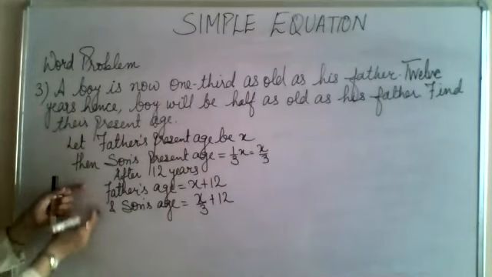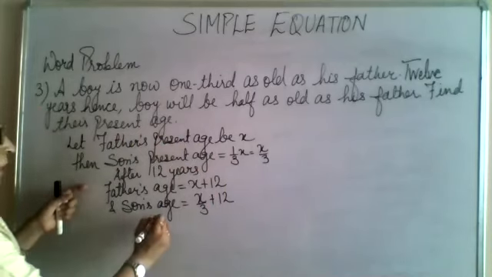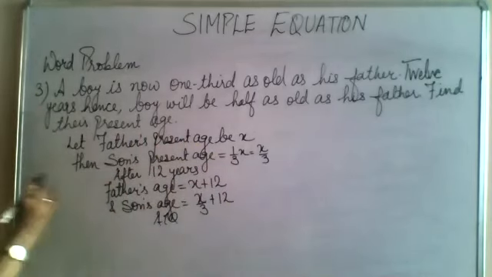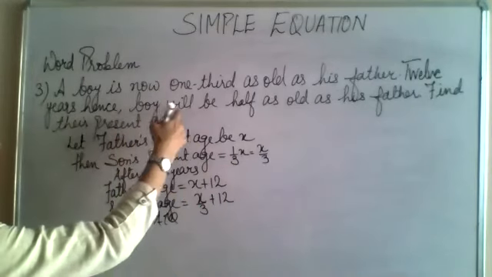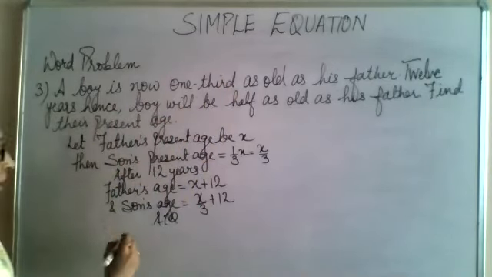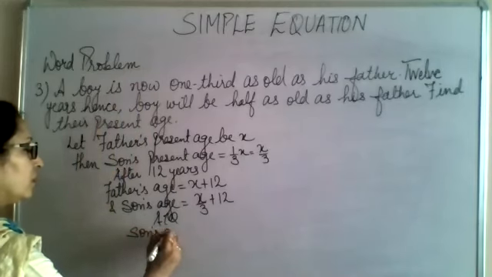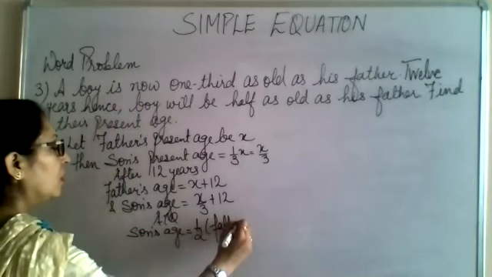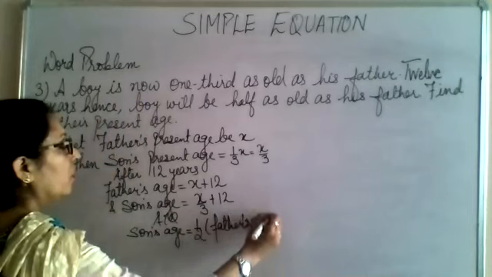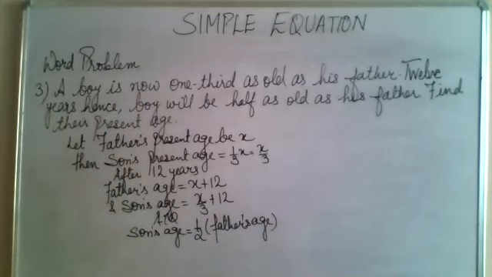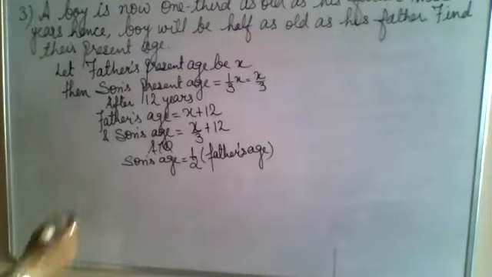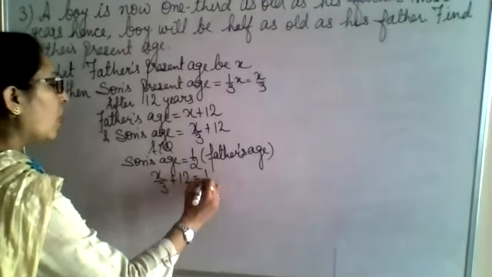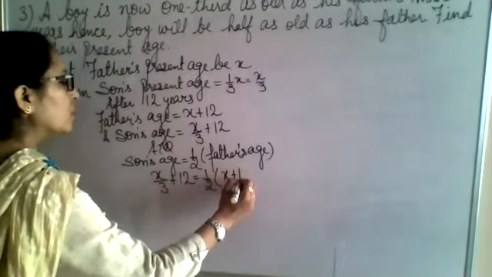Now, what is the relation between them? According to the question, the relation between son's age and father's age is written here: son will be half of his father. So son's age is equal to half of father's age. Now we will put son's age x/3 plus 12 equal to half of x plus 12.